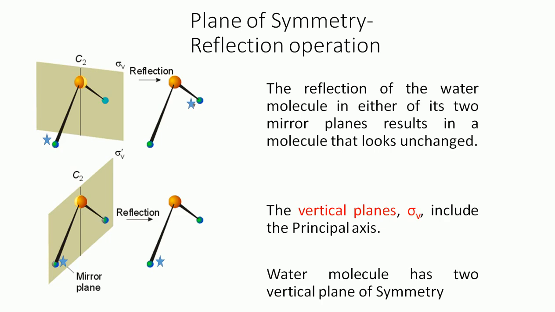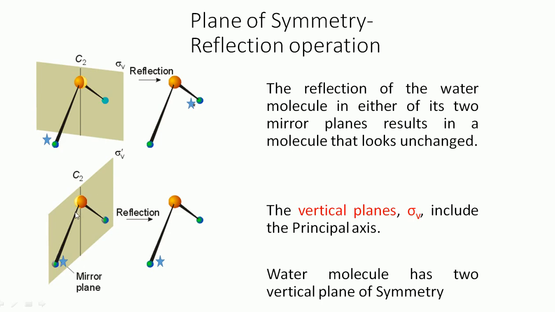The second plane, which is represented here, cuts every atom into hemispheres, one of which is the exact mirror image of the other. This plane is the molecular plane, which means the molecule lies on this plane.